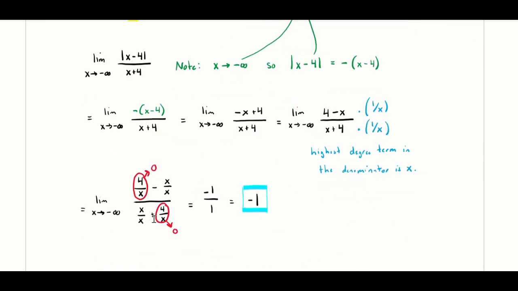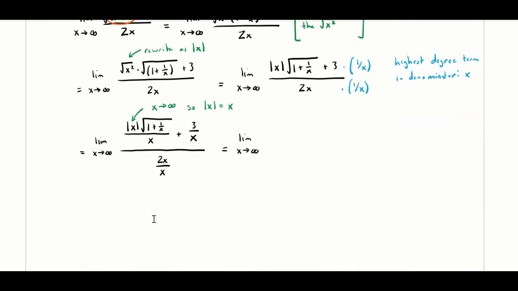So I can actually completely drop the absolute value expression here and write this as x times the square root of 1 plus 1 over x plus 3 over x, all divided by 2x over x. Now we're starting to get some things that are going to cancel.